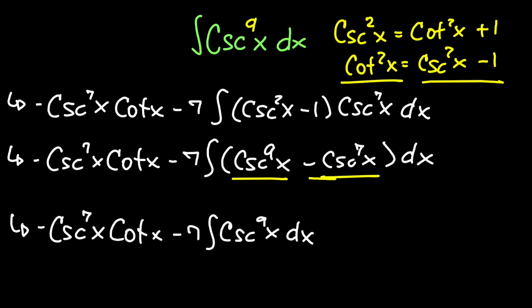And for the second part, you can see here that negative 7 multiplied by a negative here would result in a positive sign, which makes this plus 7 integral of cosecant to the power 7 of x, which is the second part, and also multiply it by dx.